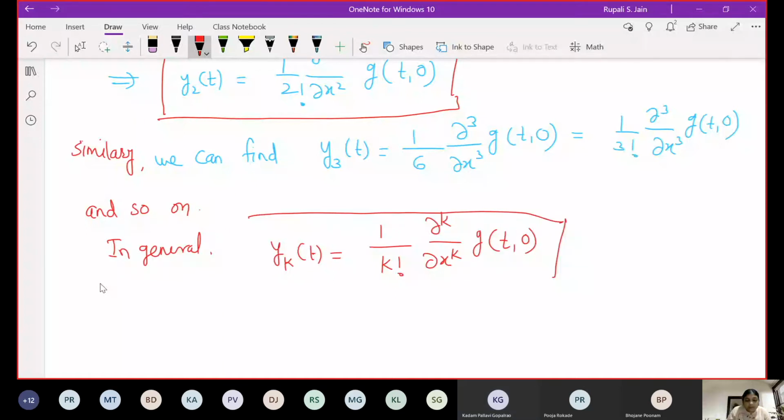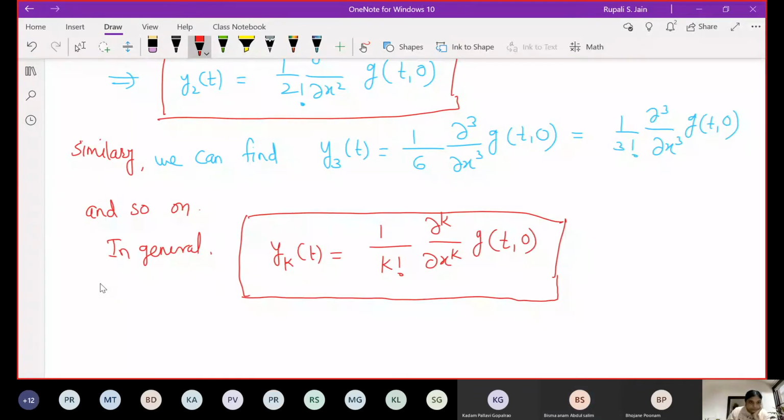So if I know the generating function, then using this formula I can find the kth coefficient y_k(t). So by finding each kth coefficient, I can find the original sequence for which it is the generating function. Is that right? Yes, ma'am.